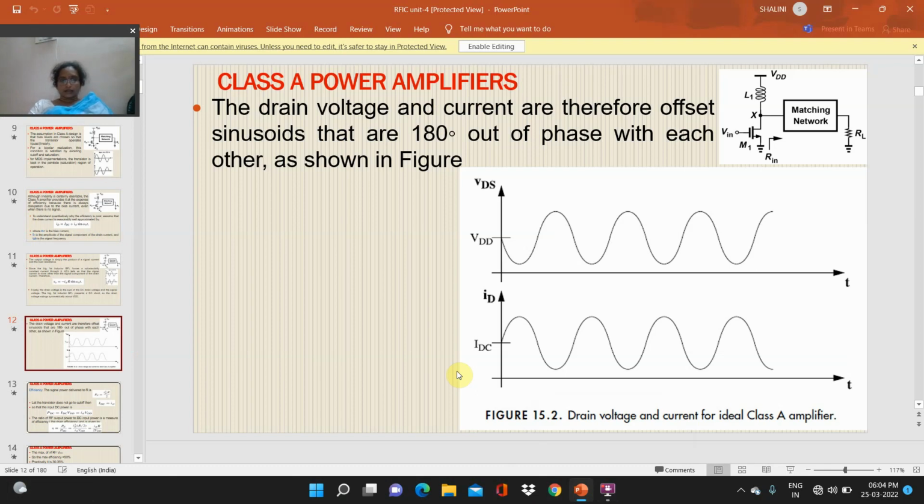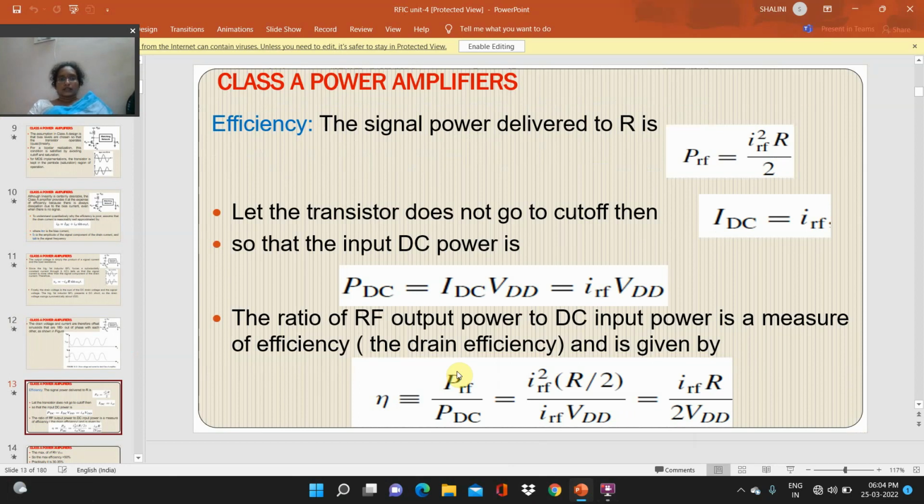Class A power amplifier efficiency. The signal power delivered to R is PRF equal to I squared RF times R by 2. IDC is equal to IRF, so that the transistor does not go to cutoff. Then the input DC power is PDC equal to IDC times VDD, equal to IRF times VDD.